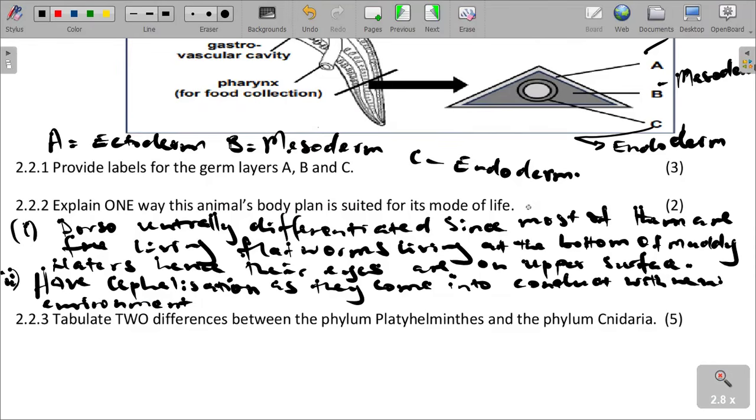So there needs to be an accumulation of sense organs at the part that enters these new environments.